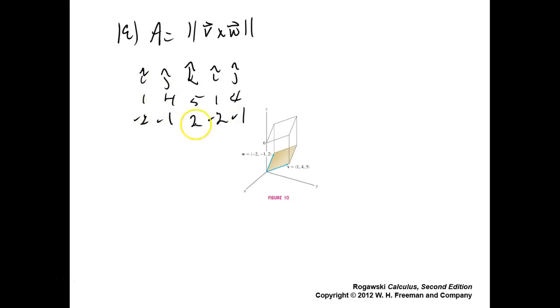Okay, and do the cross product. That's 8 plus 5 is 13I. Minus 10 minus 2 is minus 12J. Minus 1 plus 8 is 7, plus 7K.